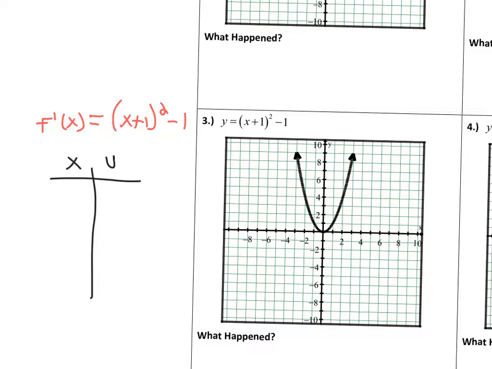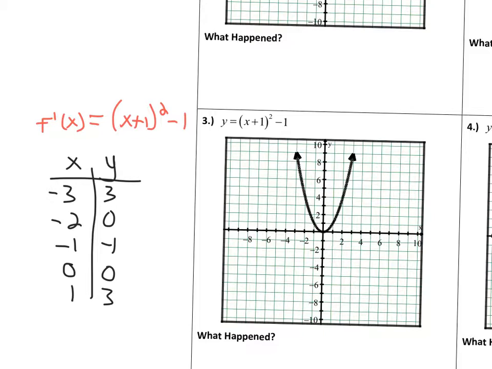We're looking for the numbers where the Y's basically repeat. If you scroll up just a few spaces, you should get -3, 3; -2, 0; -1, -1; 0, 0; and 1, 3.